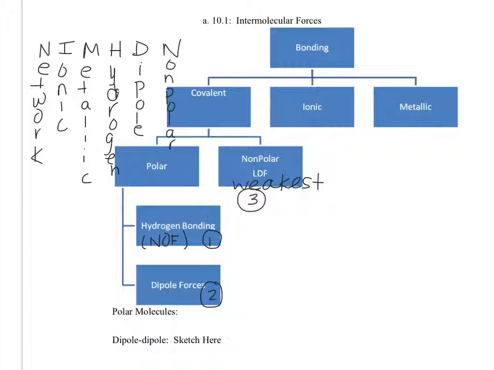So when we think about it, this is actually the strength. This is going to be from strongest to weakest. And in there you can see that when we talk specifically about covalent bonding, we have hydrogen, dipole, and nonpolar, which is the order that I just reviewed down here.